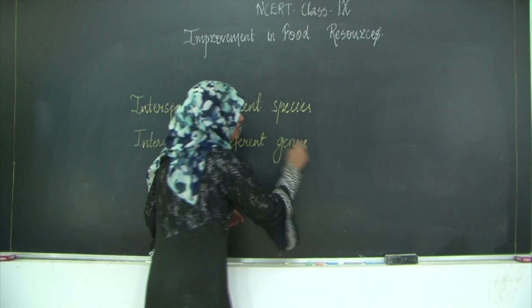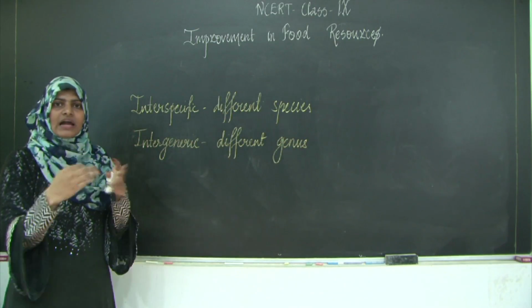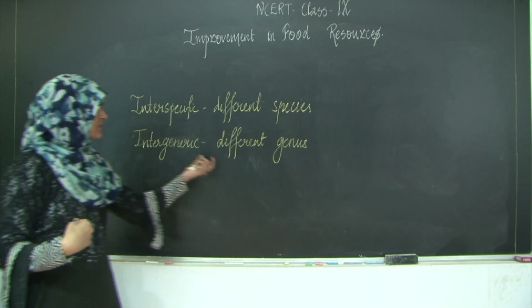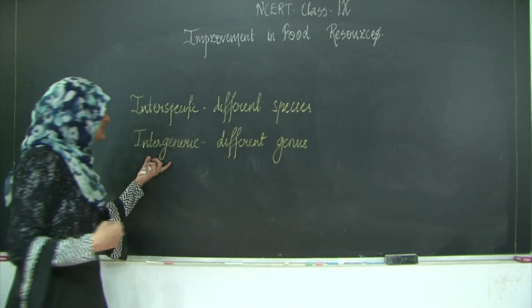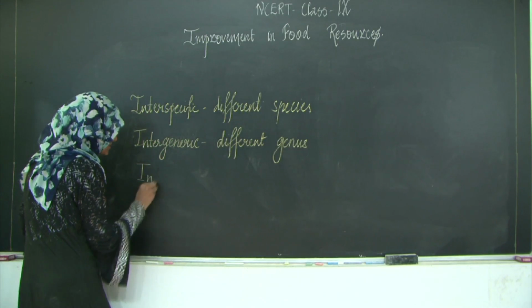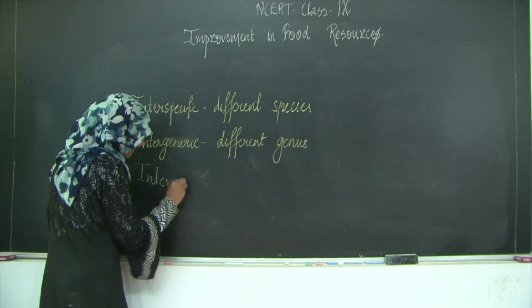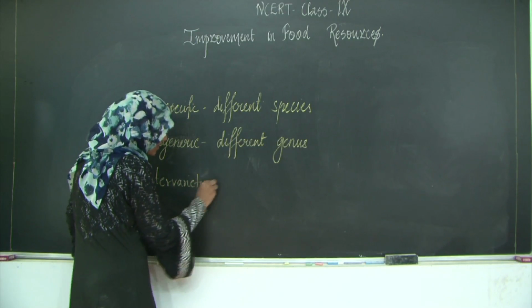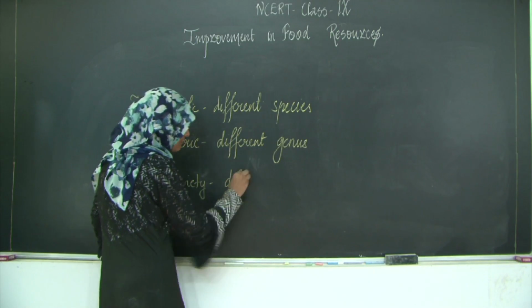The hierarchy of classification: kingdom, phylum, class, order, family, genus, and species. So between different genus is called intergeneric. Interspecific is between 2 different species. And intervariety is between different varieties of crops.